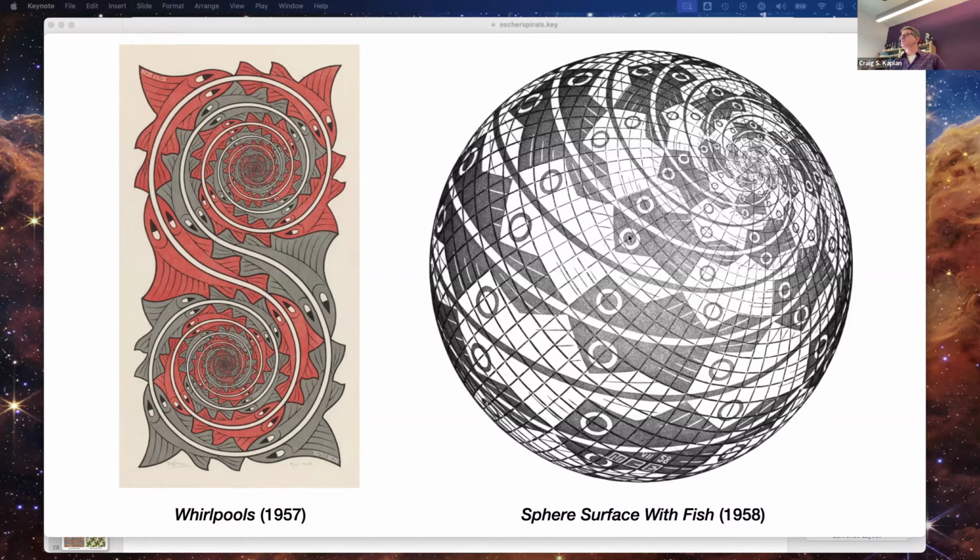And then Sphere Surface with Fish. Well, this is a 2D print of what looks like a 3D sphere, and this actual design on the 3D sphere that would have a limit point at the north and south poles would, of course, be drawable by taking one of these spiral tilings, putting a sphere on top of it whose south pole is sitting on the limit point of the spiral tiling, and performing a stereographic projection from the spiral tiling up onto the sphere.